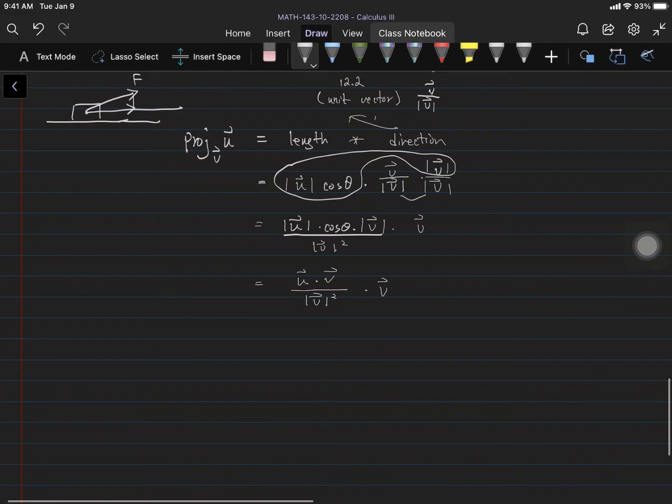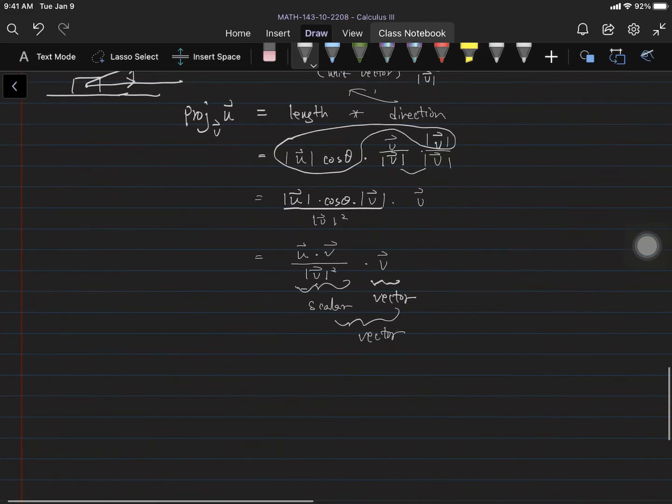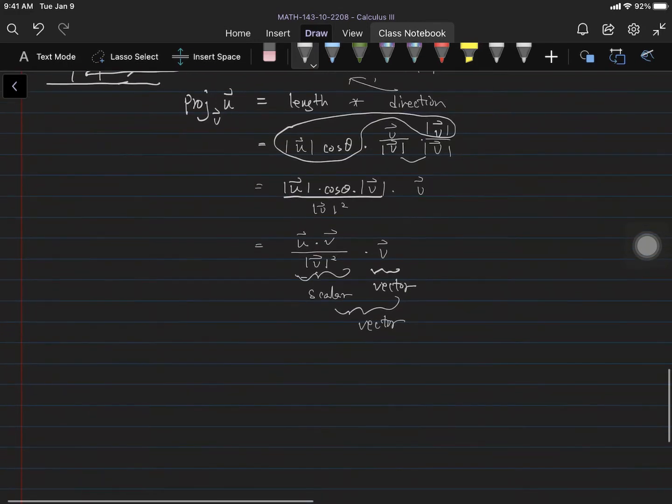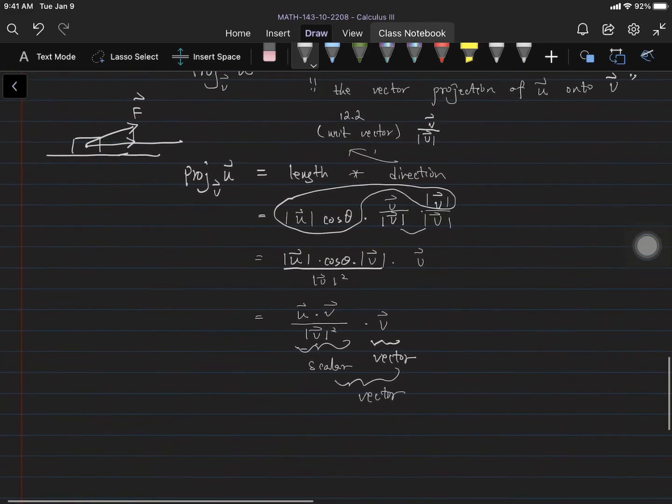Okay, so if you look at this formula, this part is a scalar, because the dot product is a number and length is also a number, but this is a vector. So a scalar times a vector is still a vector. So the projection vector is also a vector, just with a different length.